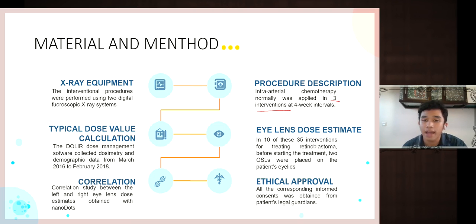Next was the lens dose estimate. In these 35 interventions for treating retinoblastoma, before starting the treatment OSL dosimeters were placed on the patient's eyelids.